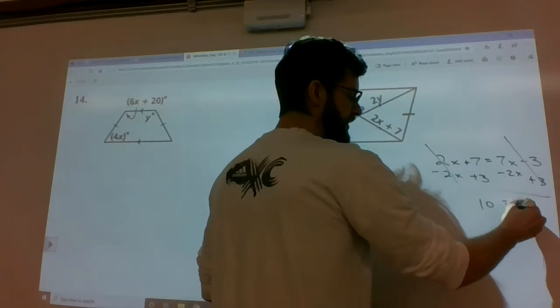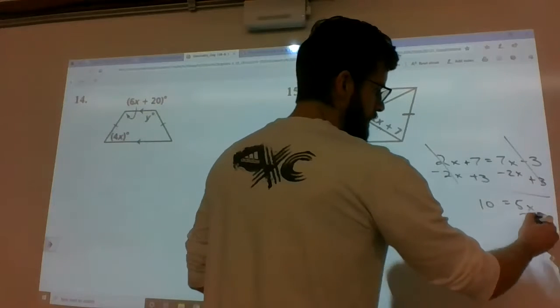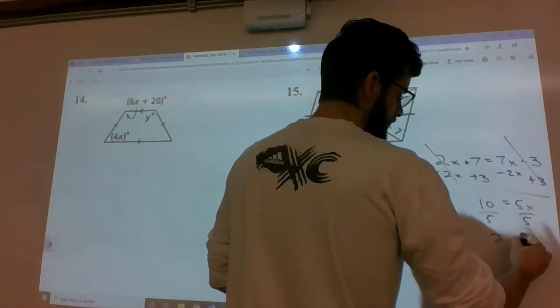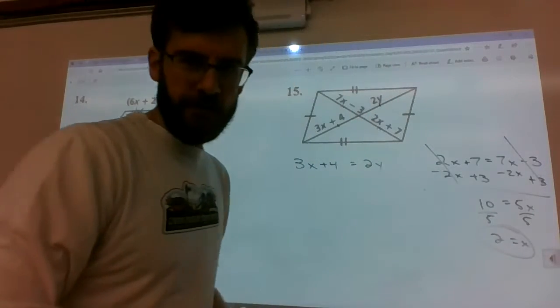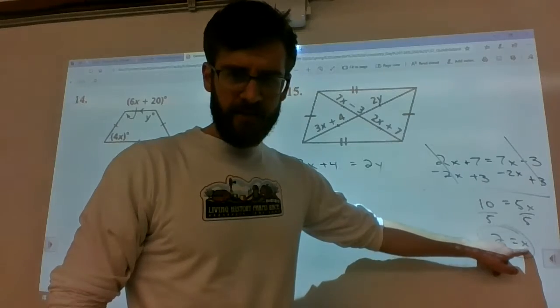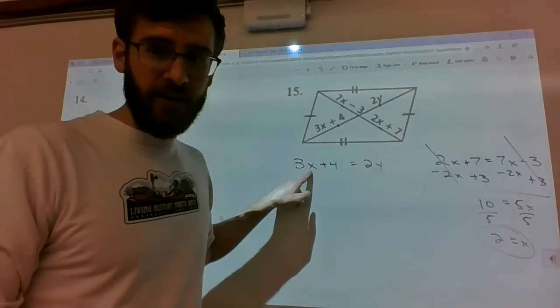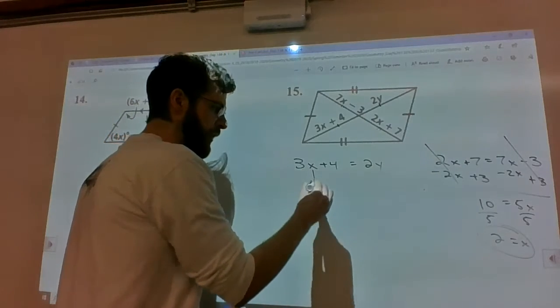So 10 is equal to 5x. Divide by 5, divide by 5. You got 2 equals x. And the x that was solved from this equation is the same x right here. This is, therefore, 2.